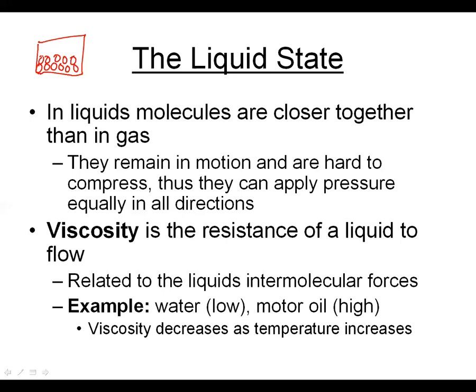Definitely a lot closer together than the gas phase where they're flying around. They have more room and a little bit more energy, so they can still move past each other, which is why we think about liquids as fluids, right? They can pour. They remain in motion and are hard to compress, right? If you ever try to squeeze down on a liquid, it makes a mess, right?